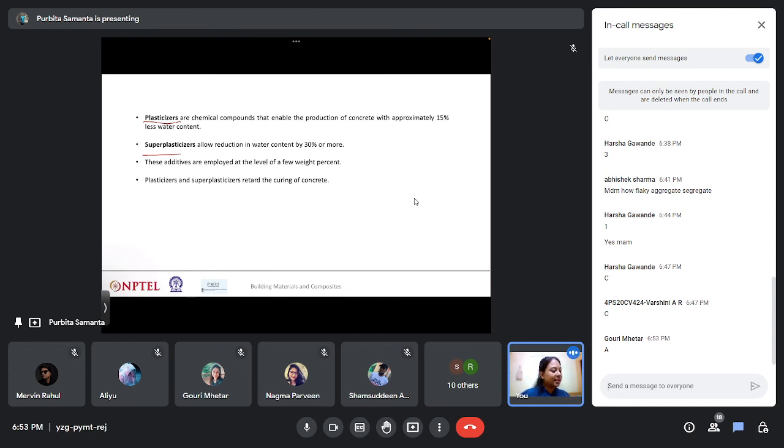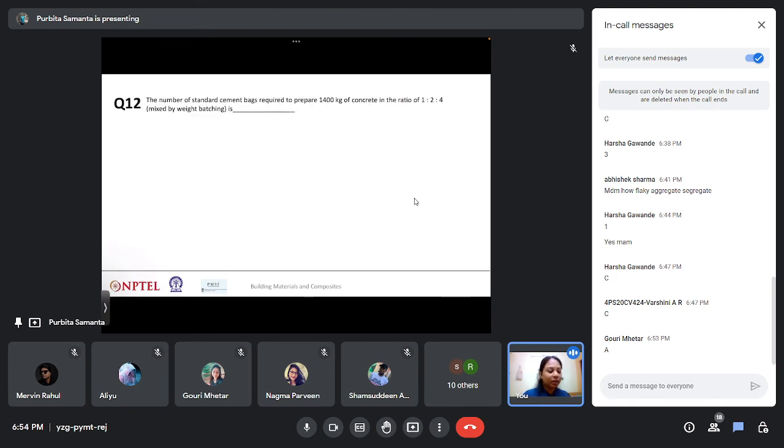But for plasticizers you get approximately 15% less water content, and for superplasticizers you can reduce the water content by 30% or more. So these are the two differences. This also retards the curing of the concrete.